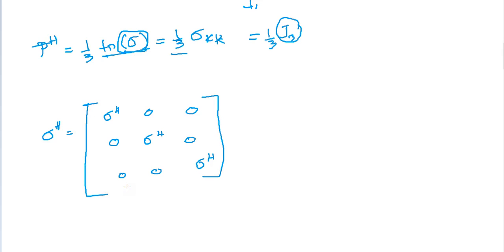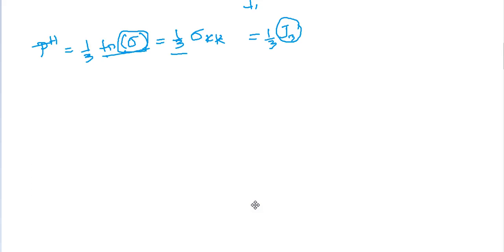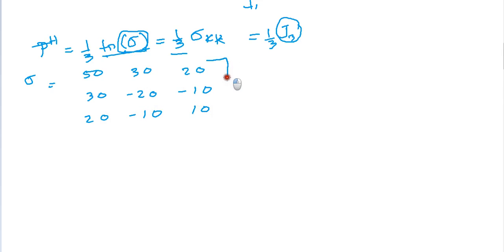Say for example, I'm going to give you an example of that. In tensor form it is written like that, right? So I'm going to delete this. Say we have the stress at a point, sigma equal to 50, 30, 20, 30, minus 20, minus 10, 20, minus 10, and so on.